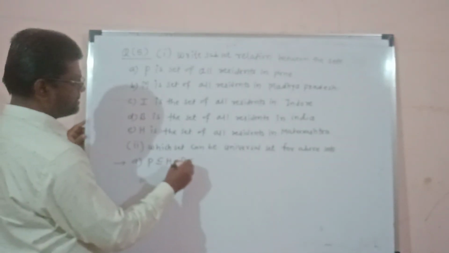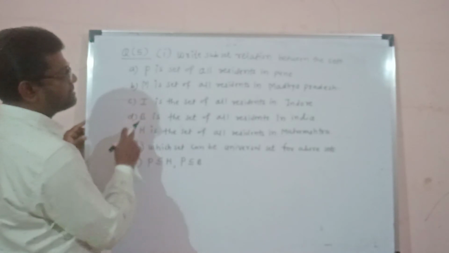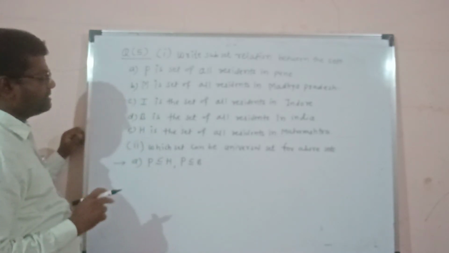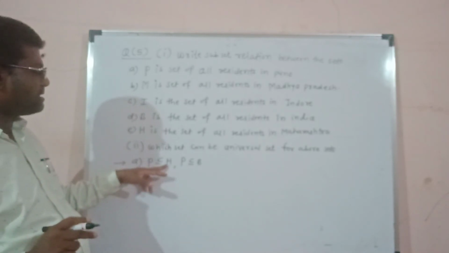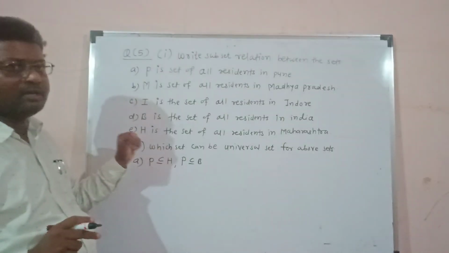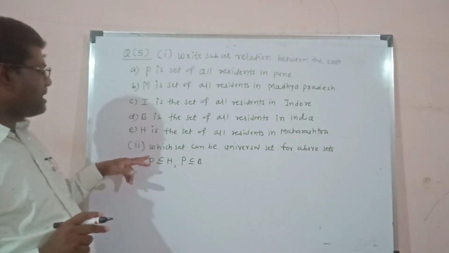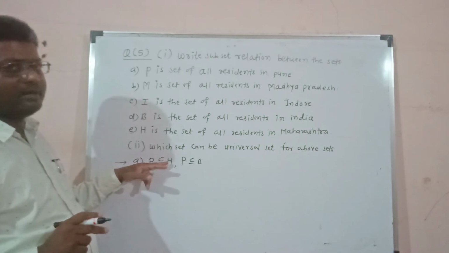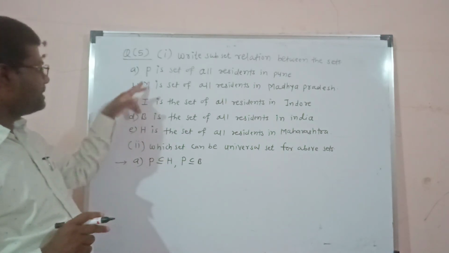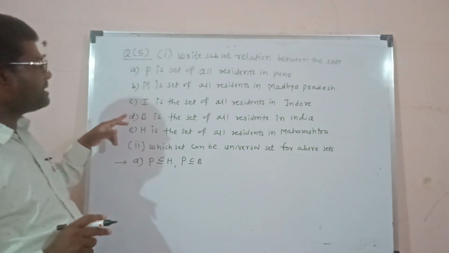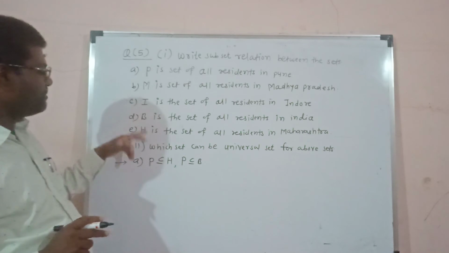Therefore, P is a subset of B also, because B is the set of all residents in India. As Pune is in Maharashtra and also in India, residents of Pune are also in Maharashtra and in India. Therefore P is a subset of H and P is a subset of B.